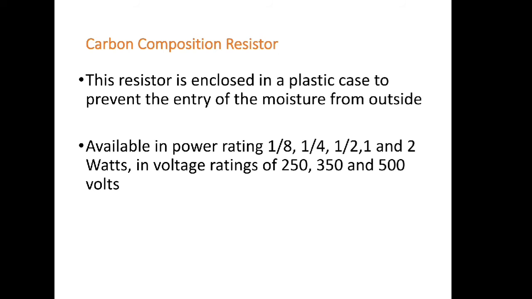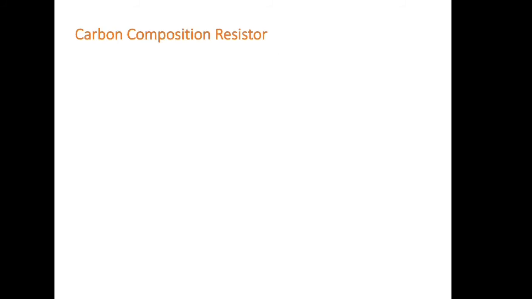Similarly, they are also available in voltage ratings: a 250 volt resistor, a 350 volt resistor, or a 500 volt resistor, which indicates that the maximum voltage that can be applied to that particular resistor is 250, 350, or 500 volts.